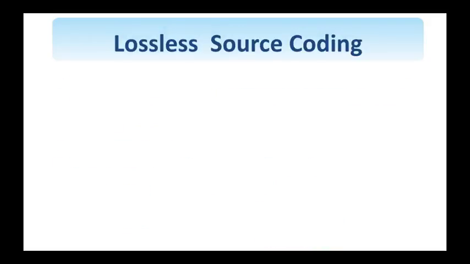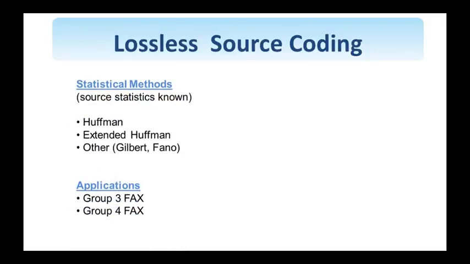Lossless source coding techniques can be grouped into statistical methods when the source statistics are known. The primary representatives are Huffman codes and extended Huffman codes that we will cover in this class, and we will see actually the application of Huffman coding to the encoding of fax.